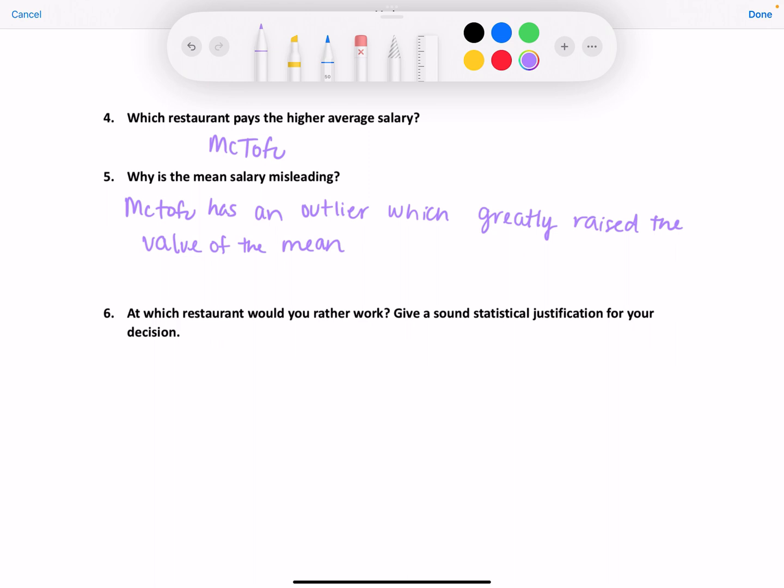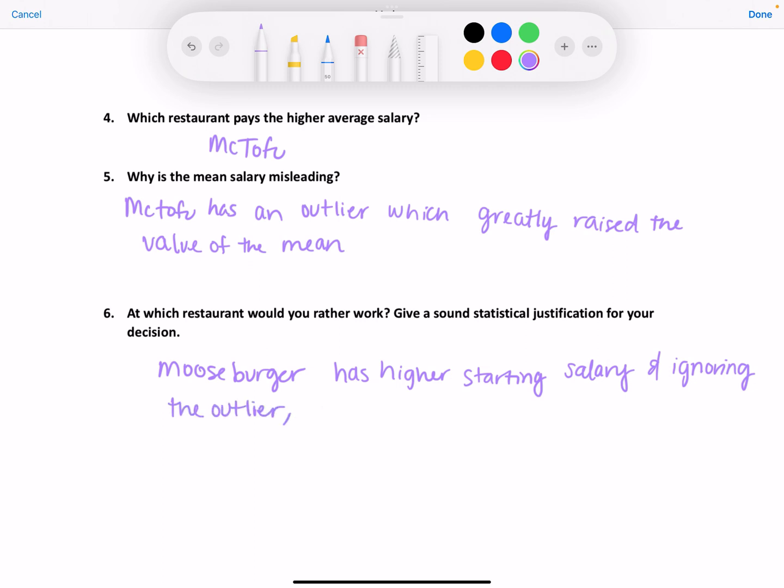But as long as you justify your answer, it does not matter which one you pick. All right. That's it for today.